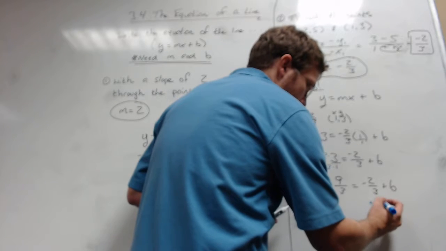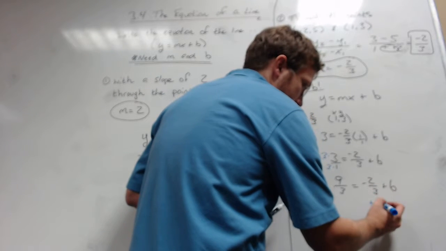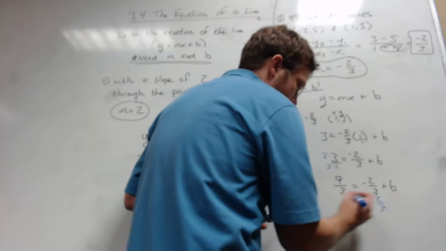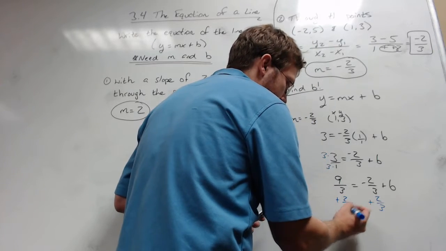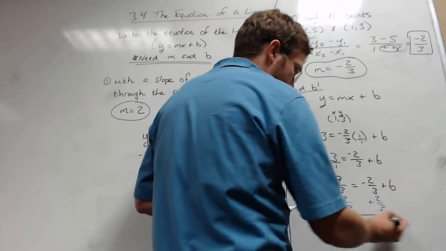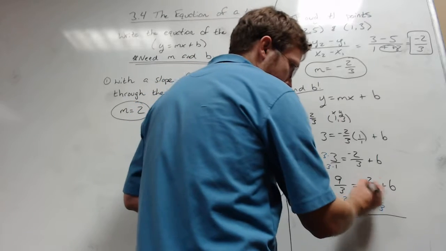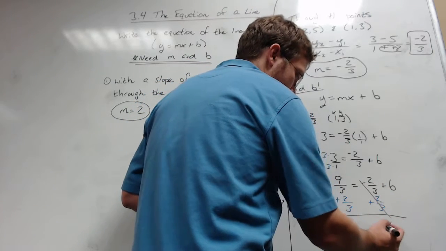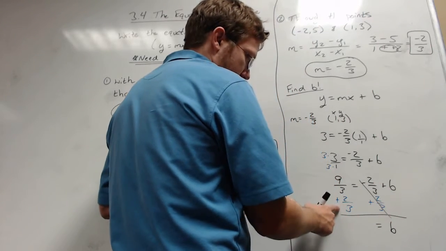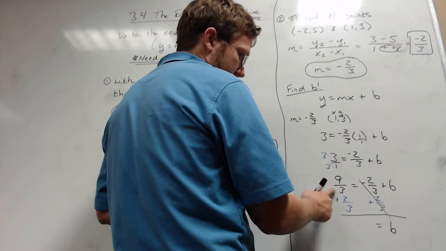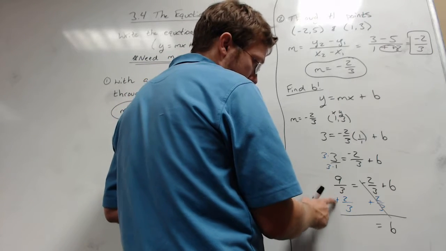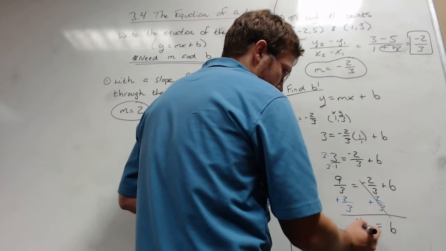Let's eliminate this negative 2/3. I'm going to add a positive 2/3 to both sides. Looks messy, but still doable. We have b is equal to 9/3 plus 2/3. So this is why it was nice to get a common denominator, adding these two together. 9 plus 2, we have 11/3.